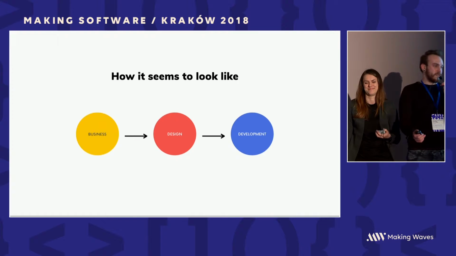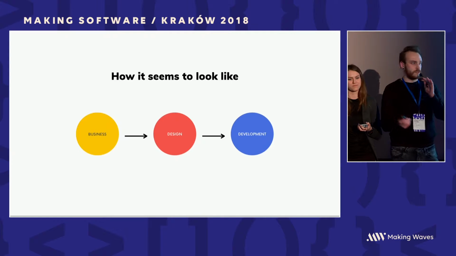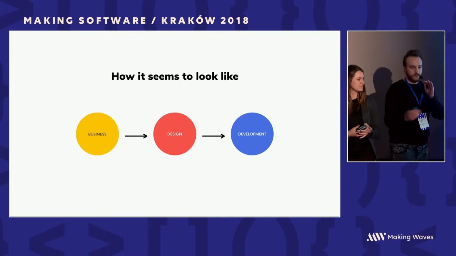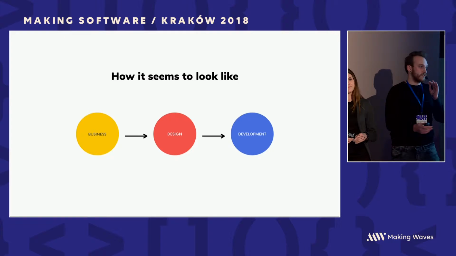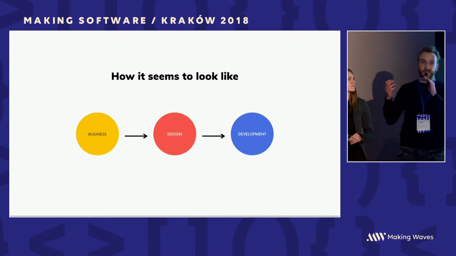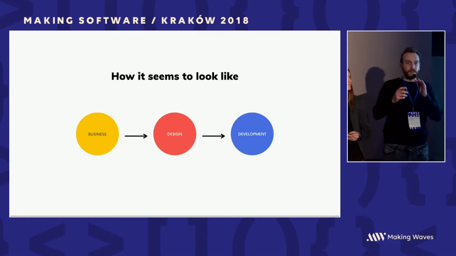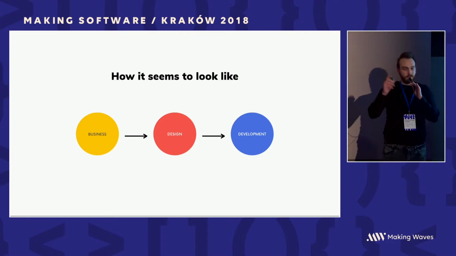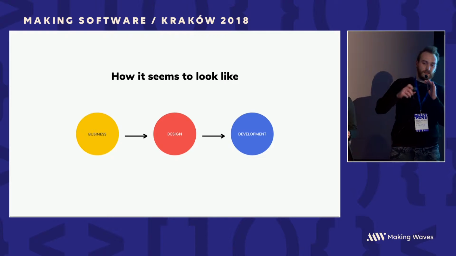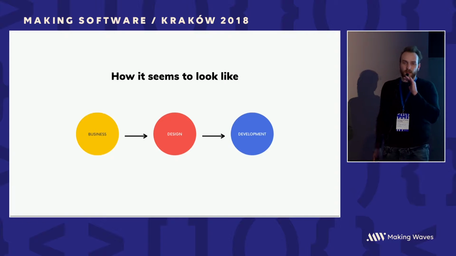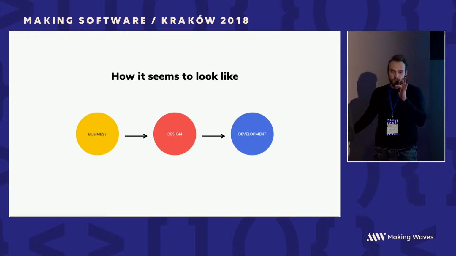But we can maybe slow down and think how and why things like this actually occur. At first look, we might see something like this, especially in some waterfall projects or projects where you have external contractors or companies, where the business requires something from the designer, who just delivers, and then it just goes to the development process.